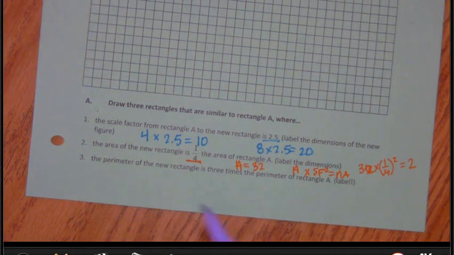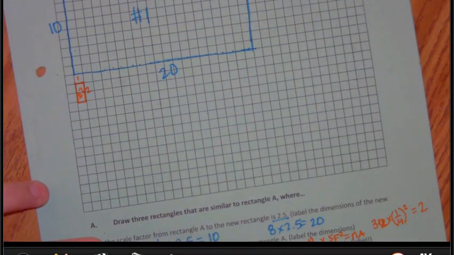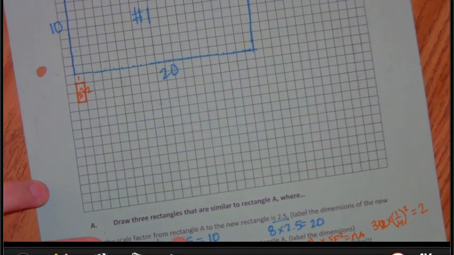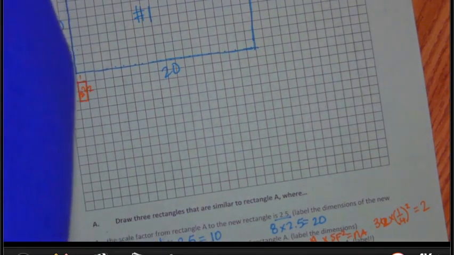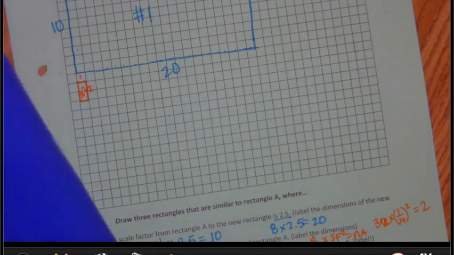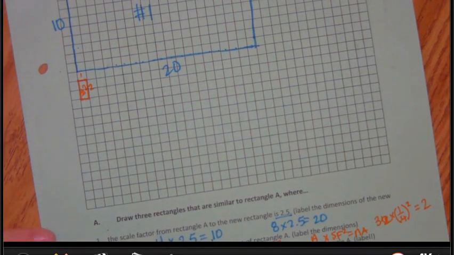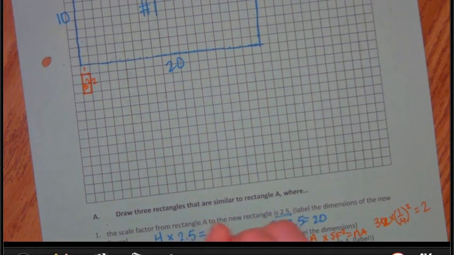I'm going to take the perimeter of my original, so 4 plus 4 plus 8 plus 8. That pen is dead. There we go. 4 plus 4 plus 8 plus 8 is equal to 24.